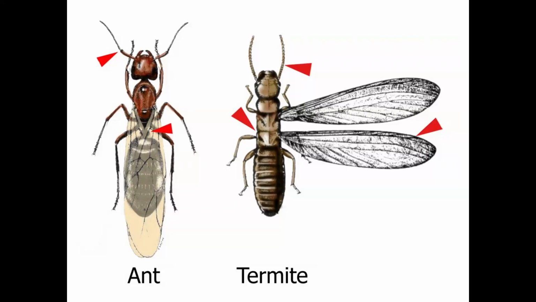So you might be able to use those as a characteristic, but if they don't have them, then you really can't. But if you're looking at an ant swarmer that has wings, the front wings are going to be larger than the hind wings. If you're looking at termite swarmers, their wings are going to be of similar size and shape.